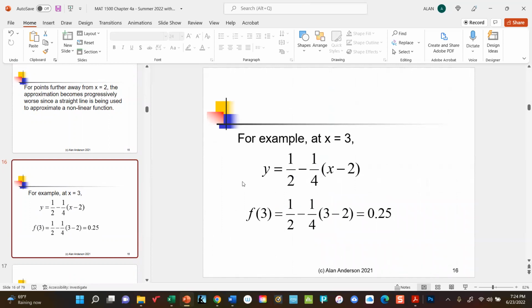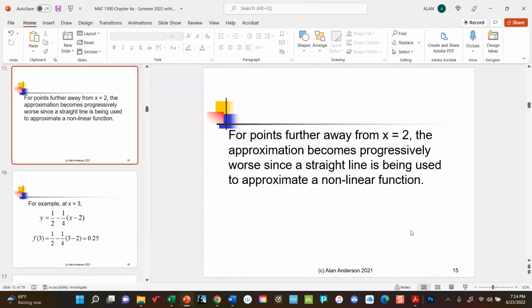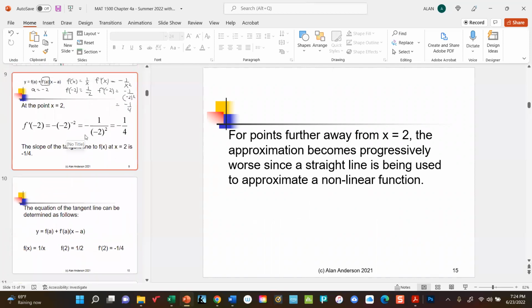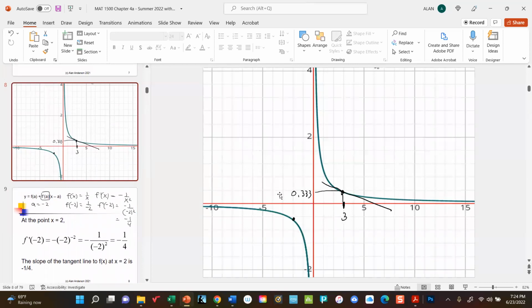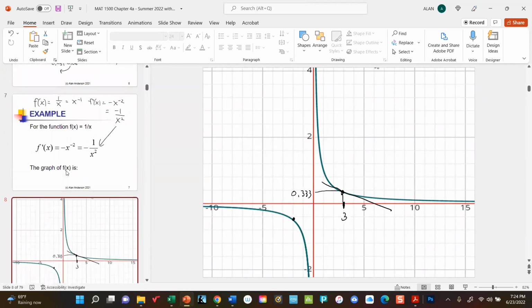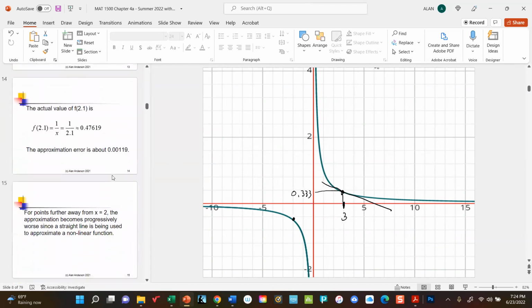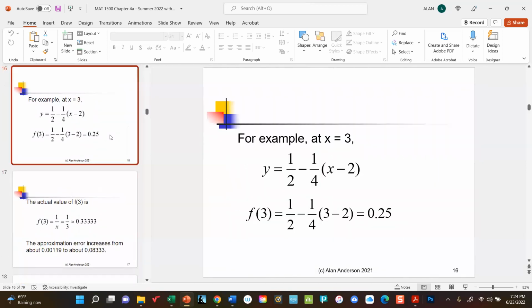So at the original point 3, the function's value is 0.25. In other words, if you go back to this graph, oh no, this is the tangent line, sorry.